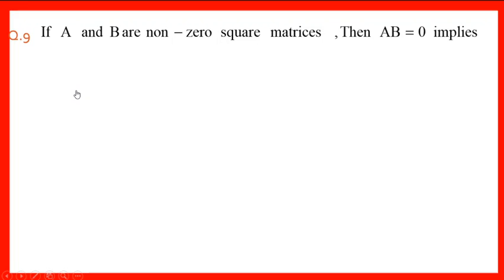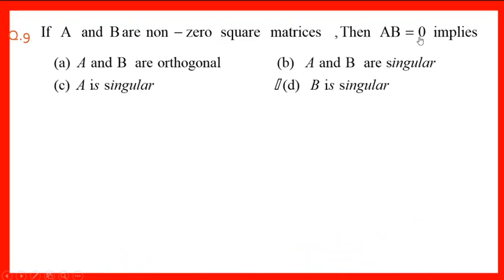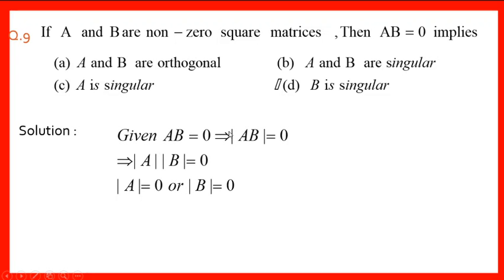Question number 9. If A and B are non-zero square matrices, then AB equal to 0 implies, these are the options given. So when will AB be equal to 0? We will consider the given relation AB equal to 0. When the matrix is 0, its determinant will also be 0. Now here we have the determinant of a product.